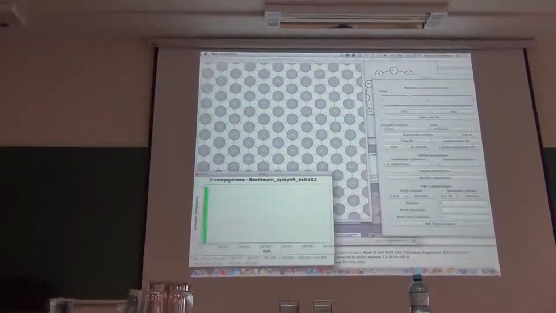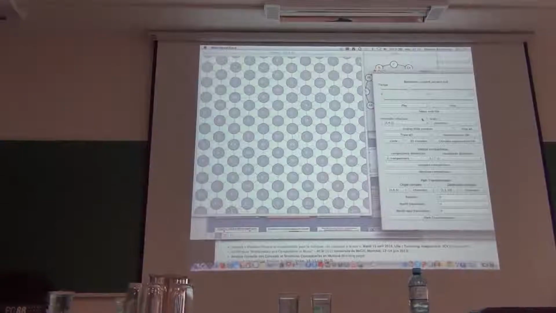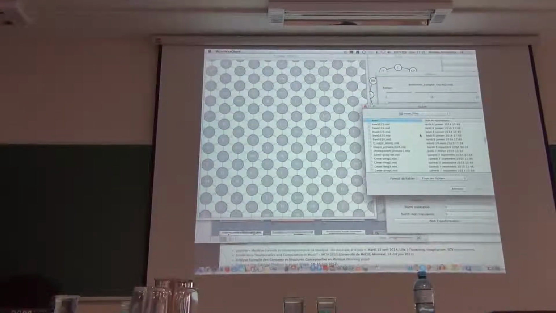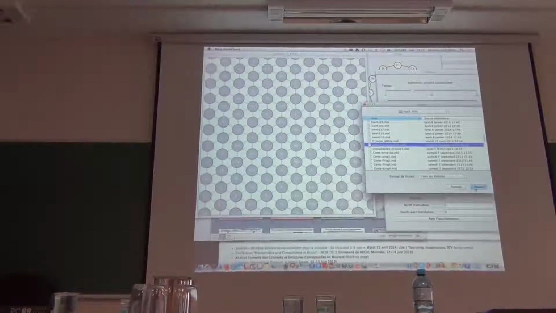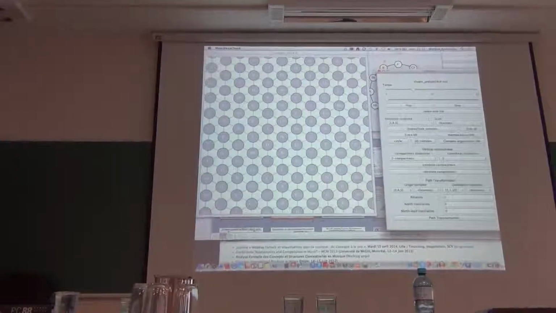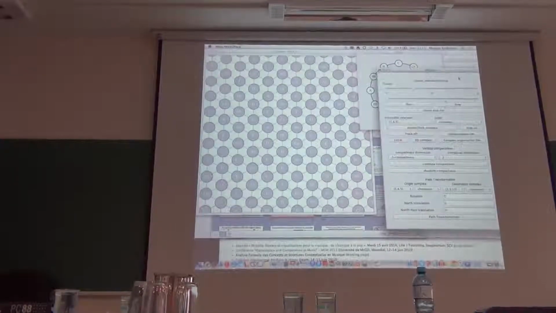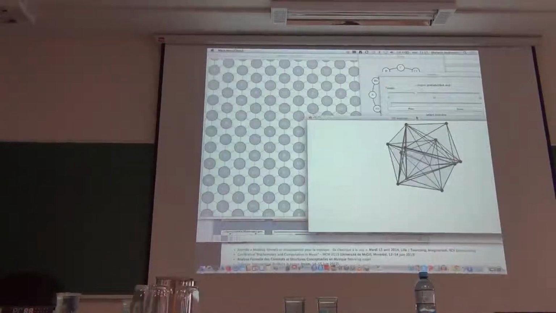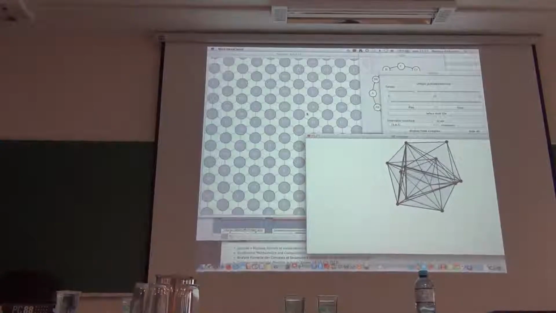So if we take the Chopin here, you have not only the circular representation, but you also have the complex of the piece.